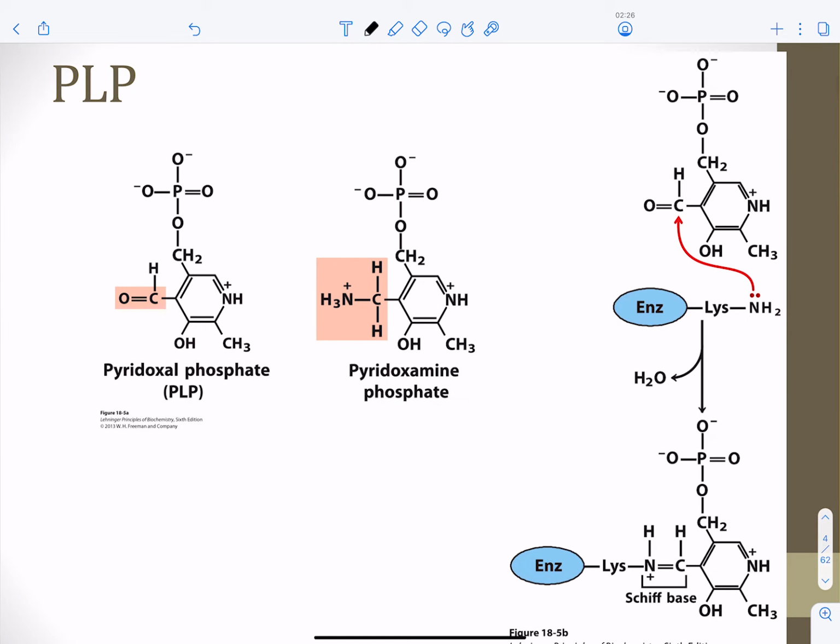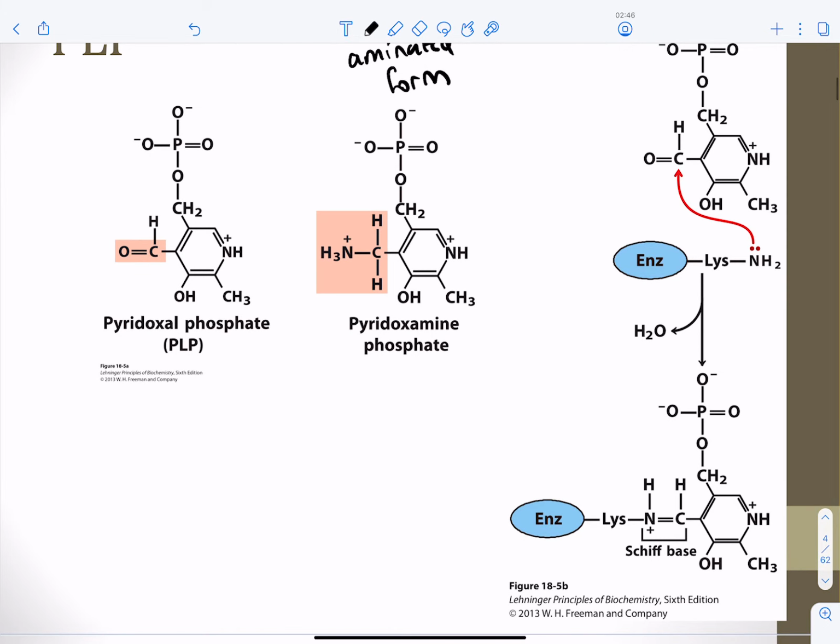So just a little bit about pyridoxal phosphate, or PLP. This has a pyridoxamine phosphate, which is the aminated form, when it has the amino group. This is a cofactor, so the pyridoxal phosphate is going to be tightly bound to the enzyme and to the substrate during these transferase reactions.